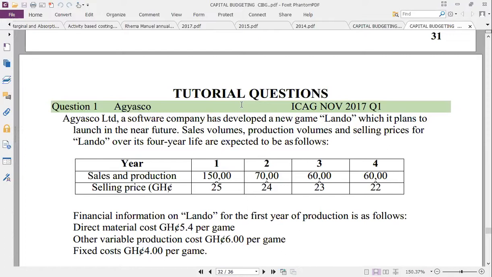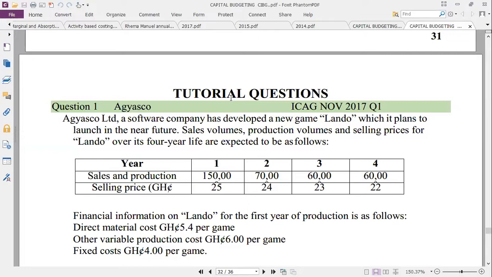Good. Now let's see. Ajasco Limited, a software company, has developed a new game called Landu, which it plans to launch in the near future. Sales volumes and production volumes. Volume simply means quantity or units.